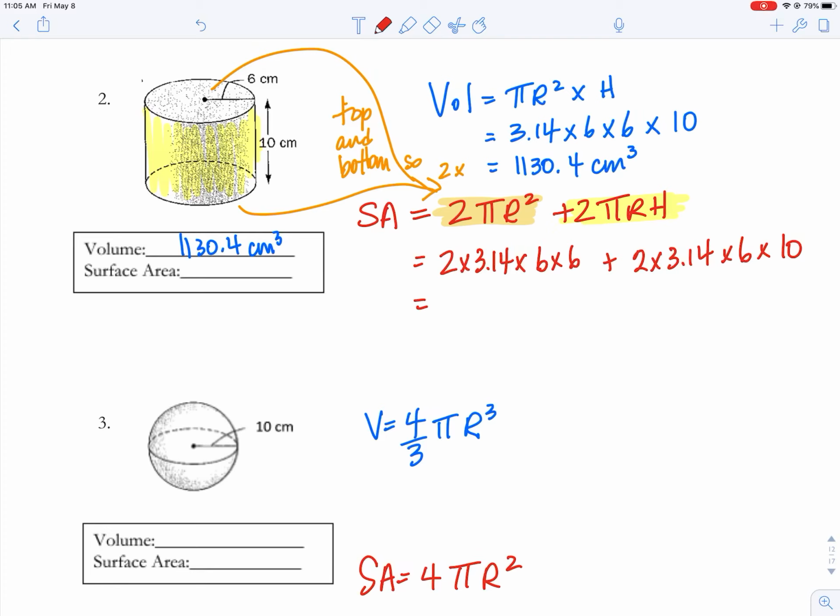When I did this, I got 226.08 plus 376.8. Add those together and I got 602.88. And because it's surface area, my units are going to be centimeters squared. So 602.88 centimeters squared.